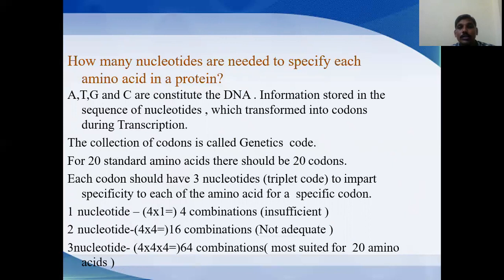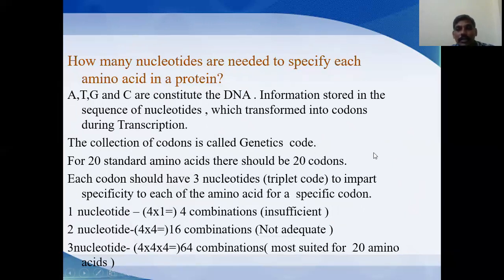How many nucleotides are there in the DNA molecule? We have said just 4 only. If 4 nucleotides specify a particular amino acid, only 4 amino acids would be recognized, but what about the other amino acids?